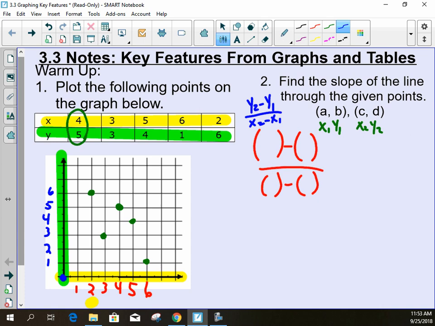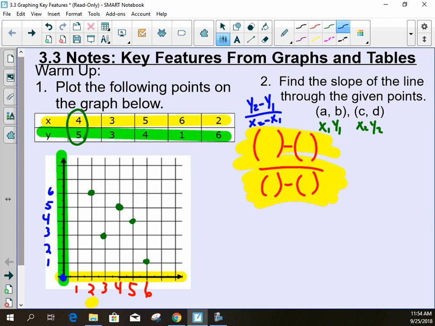If you're struggling with finding slope, I suggest you do everything that I've done here. Label your points. Write y2 minus y1 over x2 minus x1. And then most importantly, please go empty parentheses minus empty parentheses. This is probably the most important thing you need to do, because when you start getting y1 and x1 as negatives, and you get the double negative, that is what tends to throw you guys.